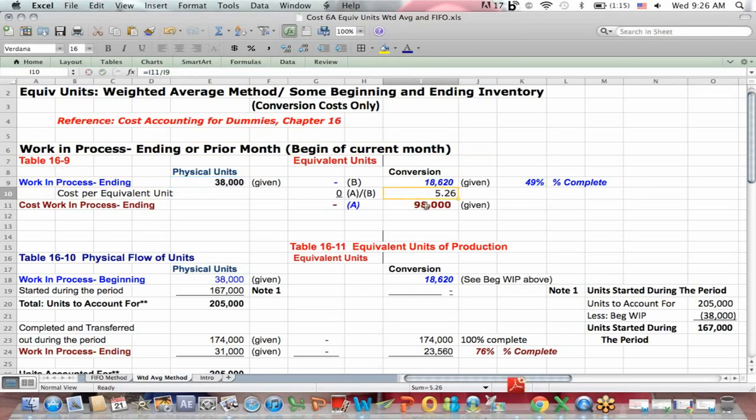But what I can do is take the total cost for ending work in process, the 98,000 that we saw earlier, and I can figure out a cost per equivalent unit just for that work in process beginning of 526. You'll see that set up that way in many textbooks.